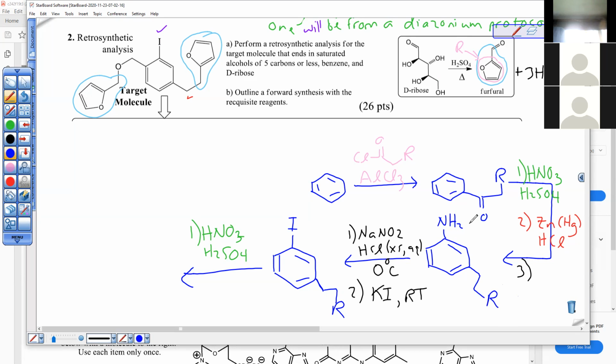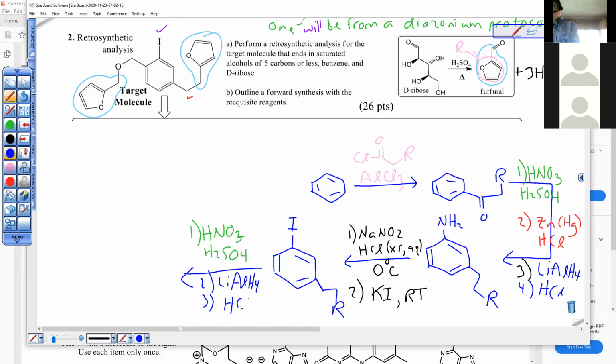So I can use any method to now reduce my nitro to an NH2. I can use step 3, lithium aluminum hydride, followed by step 4, HCl. And now I have my NH2. Similarly here, I can use lithium aluminum hydride, followed by HCl.